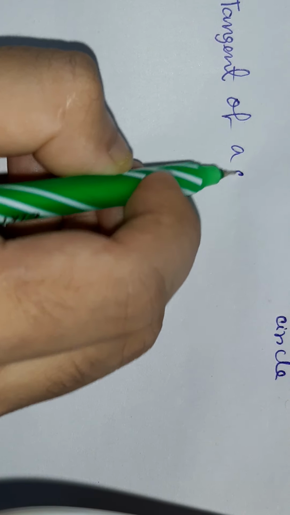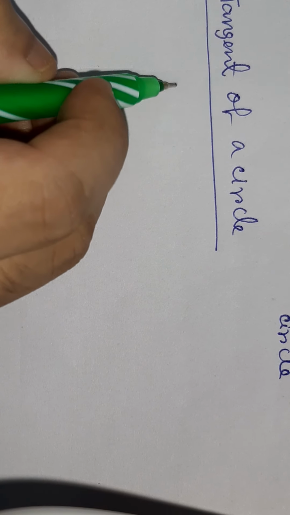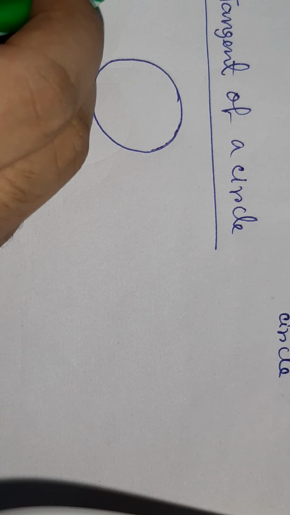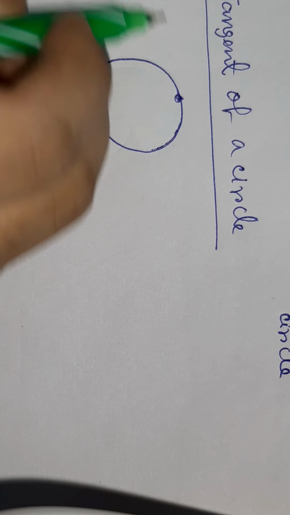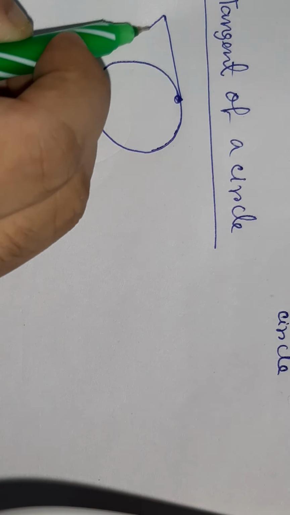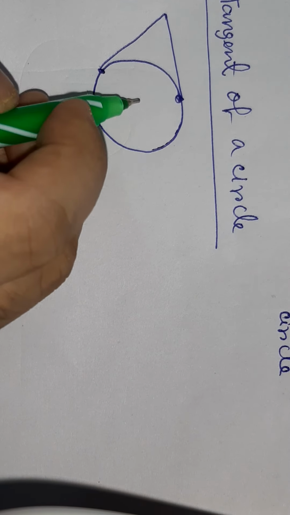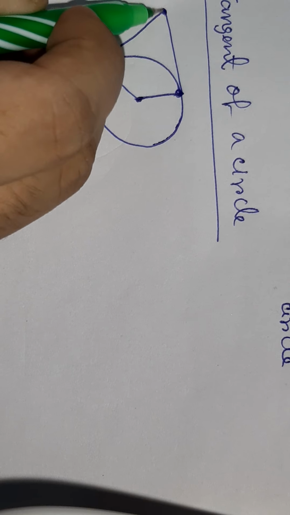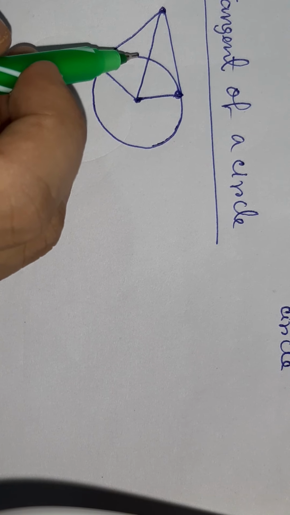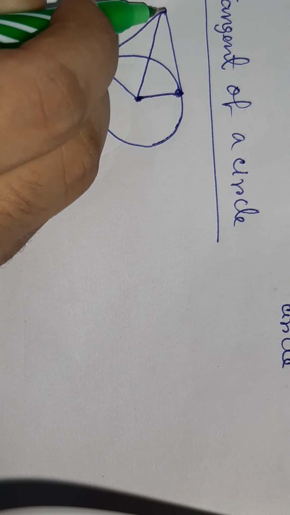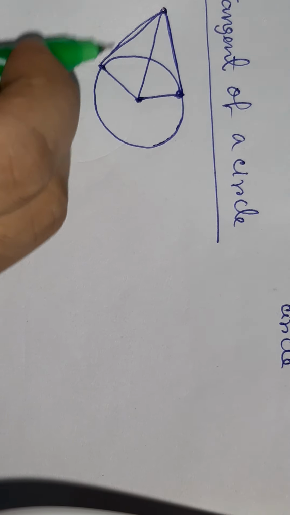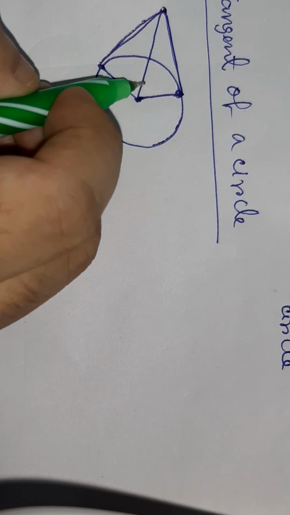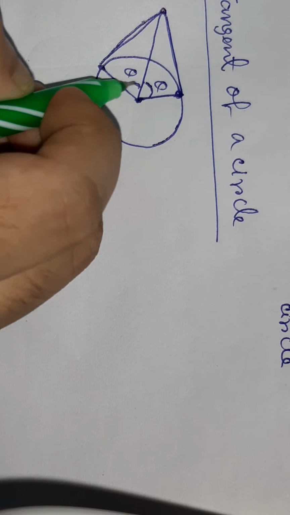An interesting fact about tangents is that if you draw two tangents on this circle like this and this, and the center is this, and we join these points, then the angle made by the two tangent segments will be theta, both the same angle.